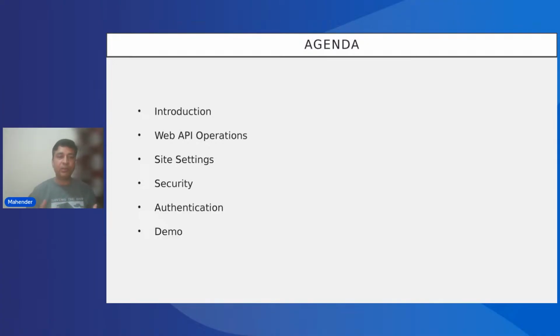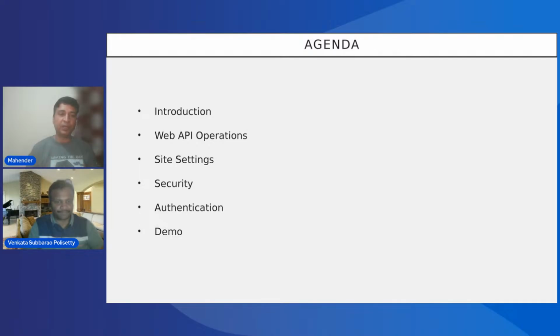Then we will talk about the site settings, as there are a couple of site settings we need to configure before we can make Web API calls. Then we will see the security aspects behind the scenes and how authentication works, and we will show you a demo of how we can use this Web API.